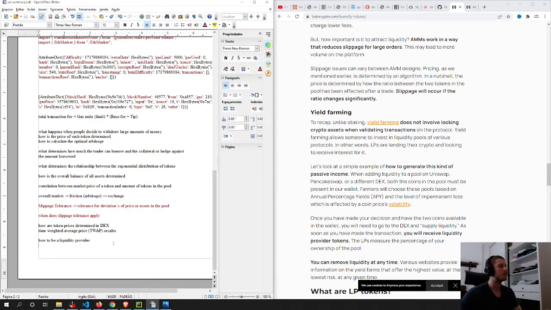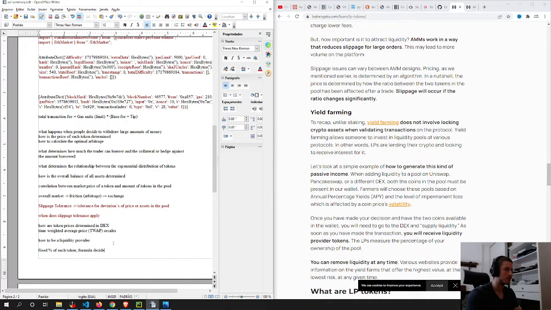So I'm gonna write this down to see if it's correct or not later. Fixed percentage of each token, formula assigns the price in order to maintain the percentage of each token in the pool.